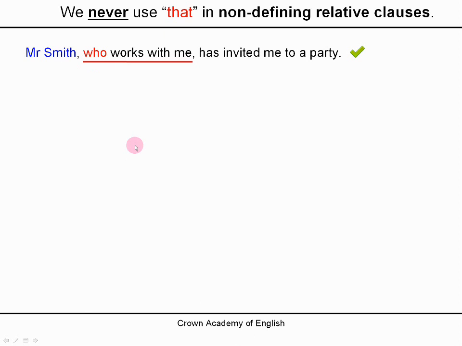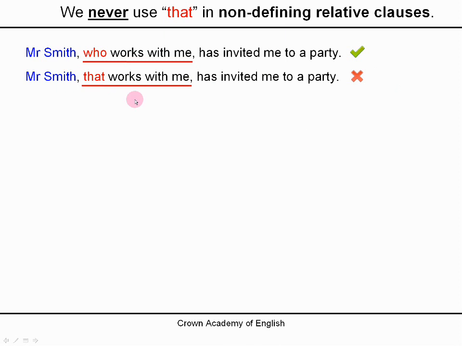Mr. Smith, who works with me, has invited me to a party. So that is fine, but we do not replace it with that in non-defining relative clauses. So this is wrong.